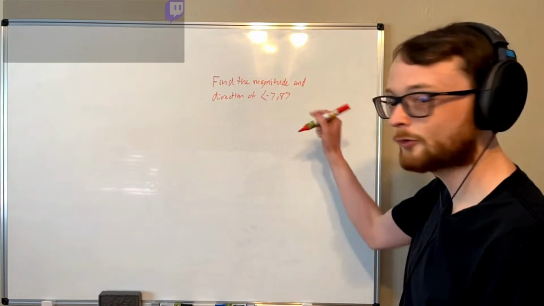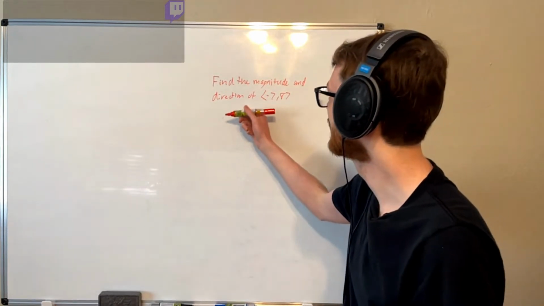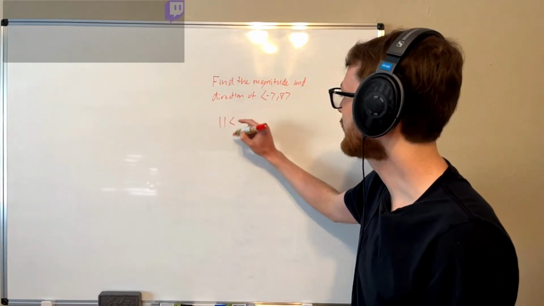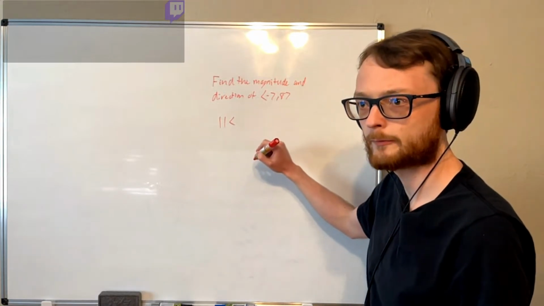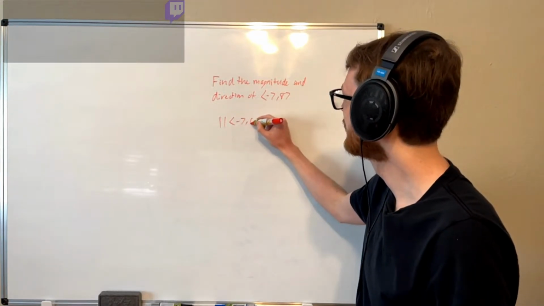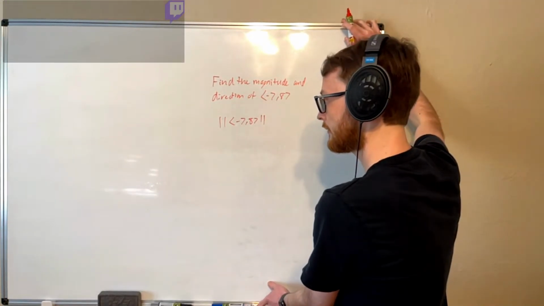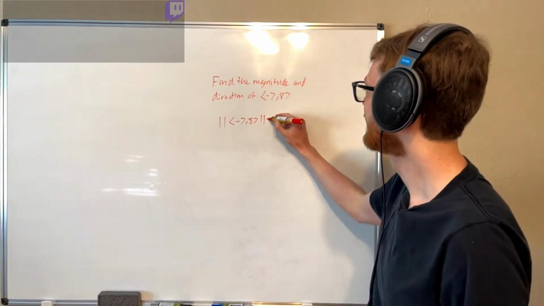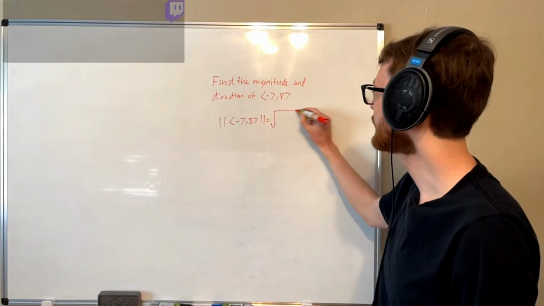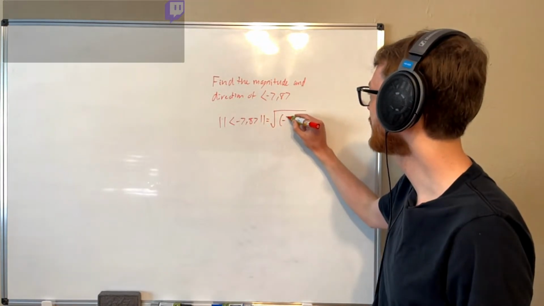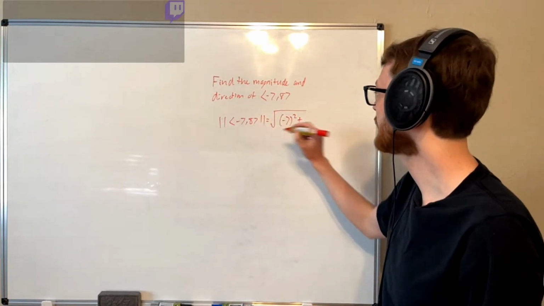All right, so the magnitude of a vector is sometimes shown as the two vertical bars. There we go. And you do it as the square root of the first one squared plus the second one squared.